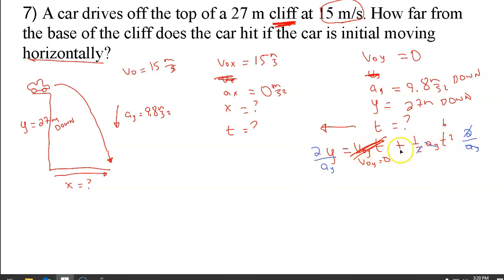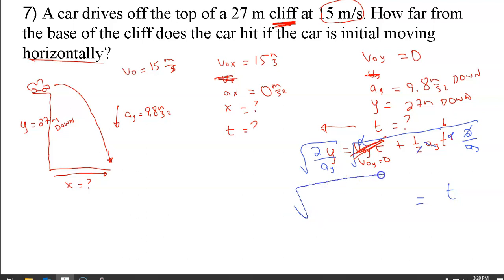This is gone. That's gone, that's gone. The only thing left is t squared, and I don't want t squared, so I need to take the square root. Nothing over here except the t squared, but I'm going to put it there, and then the square root and the squared cancel each other, and I have t by itself finally. If I do the square root on the right, got to do it on the left, like that.